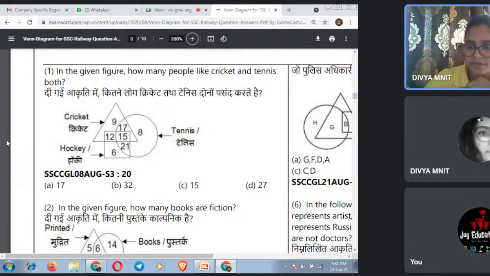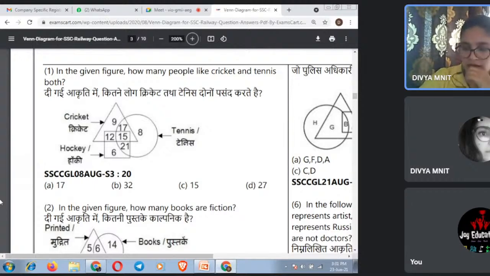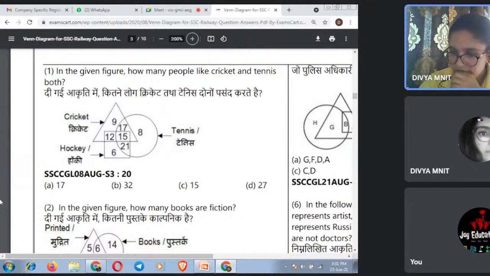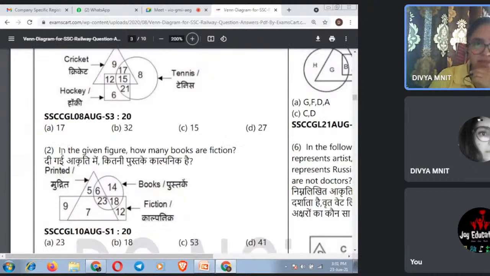Option A, 70. 17, okay, that's right. 17 is the answer. And then the second question, how many books are fiction?